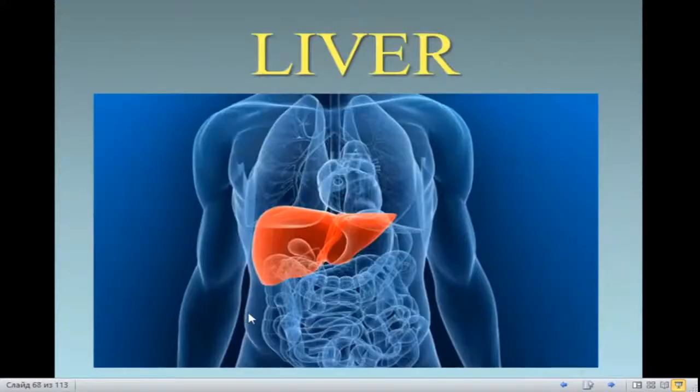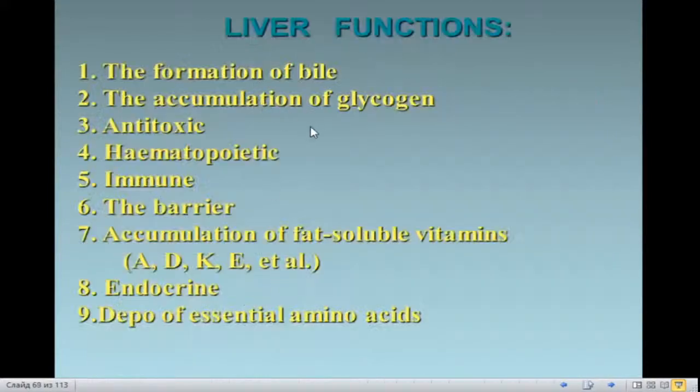The next large gland is the liver. The function of the liver is the formation of bile non-stop 24 hours per day, and accumulation of glycogen.